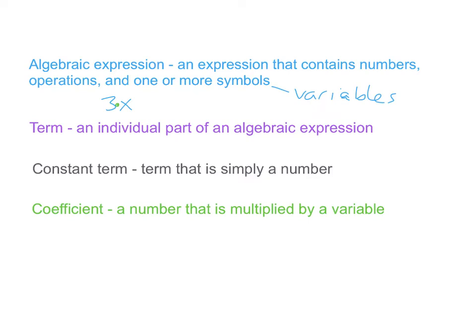It's an algebraic expression. Now, a term is an individual part of an algebraic expression. So 3x is only one term, but if we had 3x minus 2, there all of a sudden is a new algebraic expression with two terms.